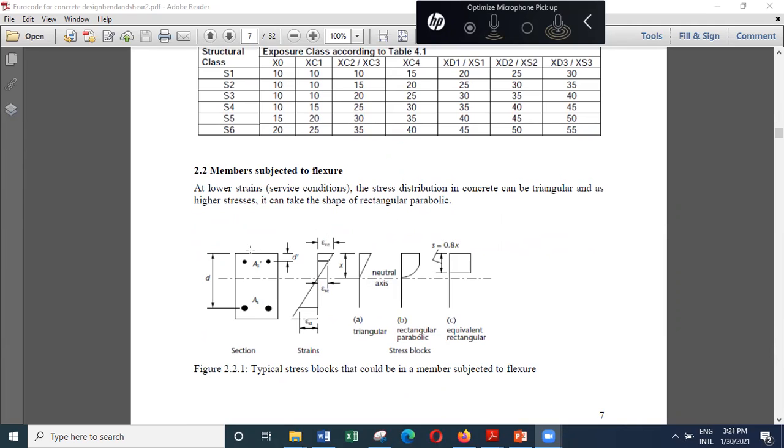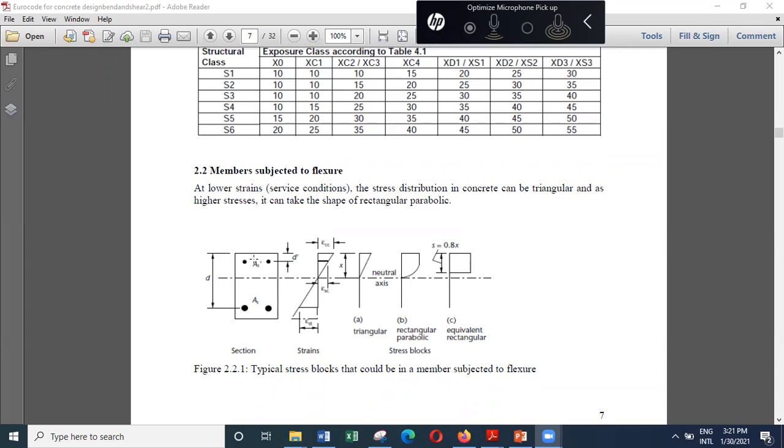So what happens is, when you have a reinforced concrete beam, now here the link is not shown, only the reinforcement is shown. And here you can have the compression reinforcement, here S dash, tension reinforcement S. So this reinforcement will be in tension, this reinforcement will be in compression.